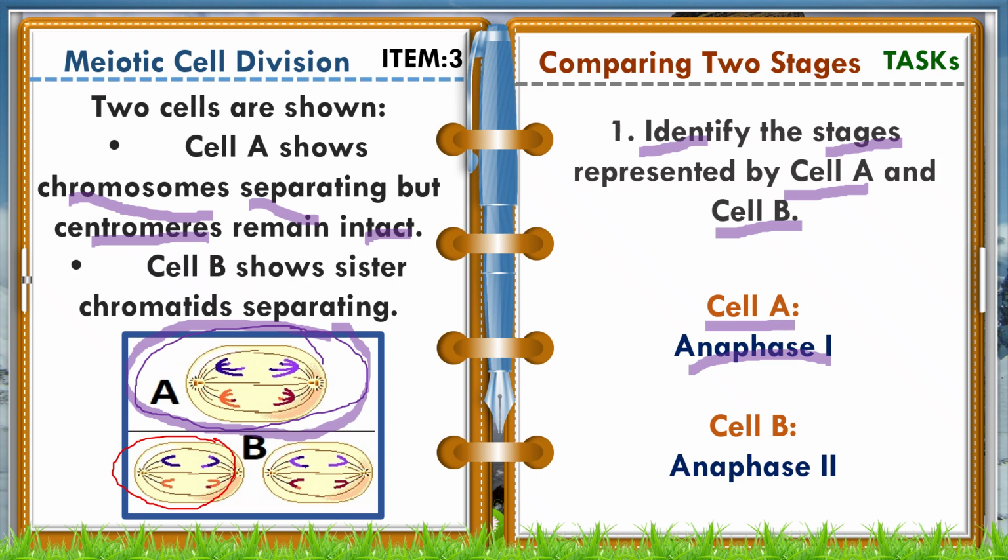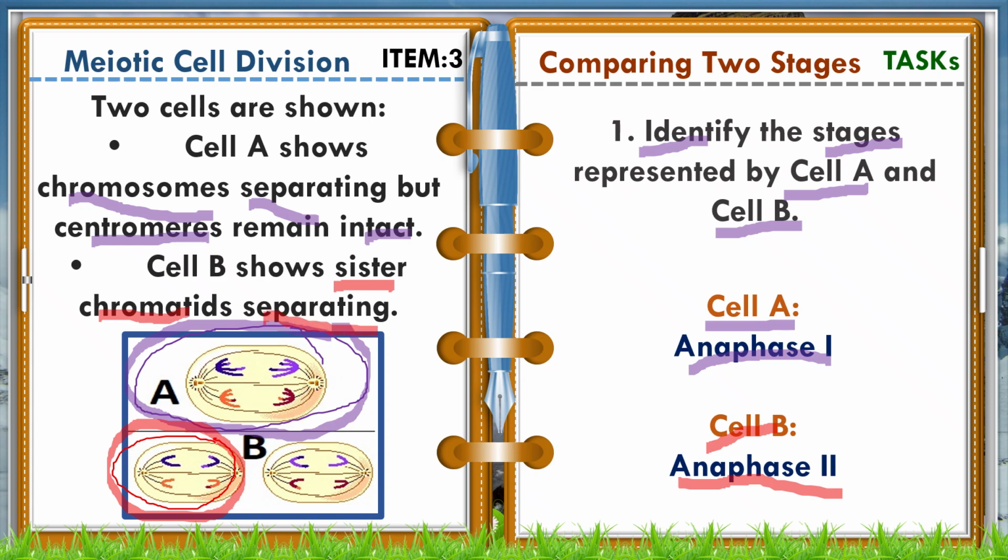Then cell B represents anaphase 2. And what did we say in anaphase 2? The sister chromatids are the ones separating.